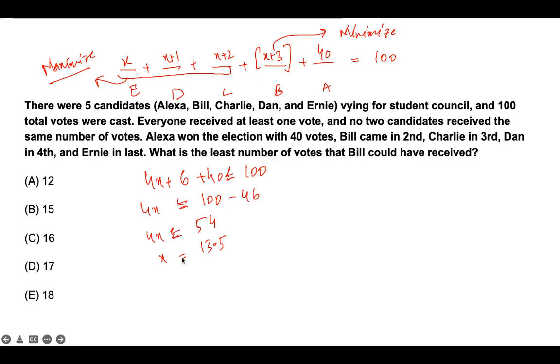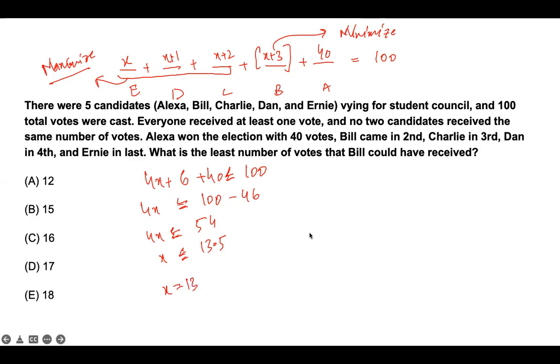Right now I'm assuming these values, and there could be a scenario where this is not x plus 3, but x plus 4 or x plus 5. All of these must sum to the answer on the right side, less than that but not greater. So x has to be less than or equal to 13.5. Based on this, we need an integer value less than 13.5, so the greatest such value is 13.